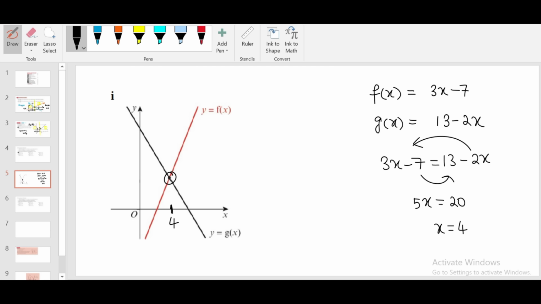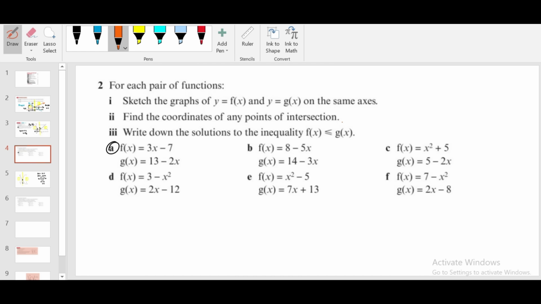If they want you to find the y coordinate also, just sub in back here to find the y coordinate. But we are not discussing point of intersection here. We are discussing how to solve the inequalities using the graph. So I'm taking only the x coordinate and divide the graph through the x coordinate, through the point of intersection. So you have two regions. You need to find in which region the inequality is satisfied.